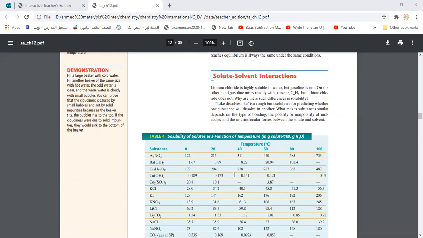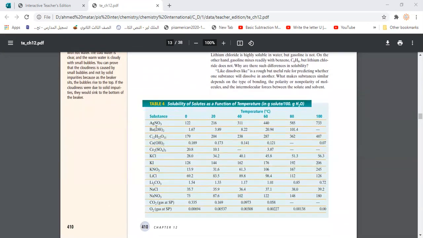Let's take an example. We have 100 gram of water, and we try to dissolve silver nitrate, barium hydroxide, glucose, calcium hydroxide, potassium chloride, potassium iodide, potassium nitrate, lithium chloride, different chemical substances. As you can see, even carbon dioxide and oxygen as gases.